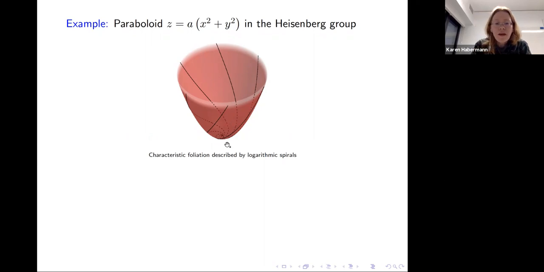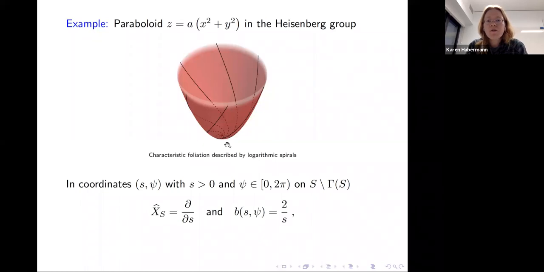Okay, and what you can then do is change coordinates in such a way that your psi coordinate picks one of the spirals. That's why it ranges between 0 and 2 pi. And then your s coordinate is essentially arc length along one such spiral.